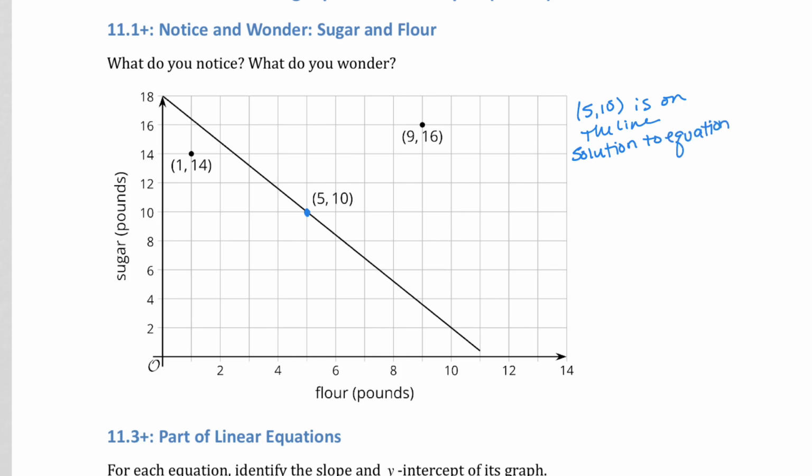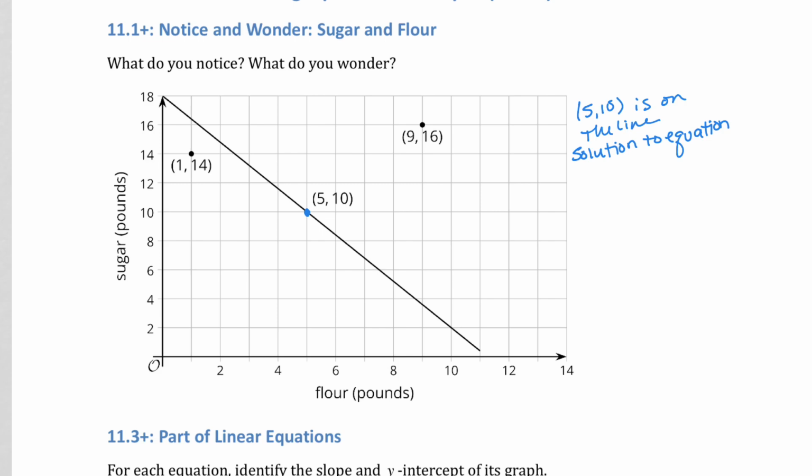How would I get the slope from using that point? What's the question? How would I get to the slope from using 5, 10? Would it go over and then go over something? Okay.